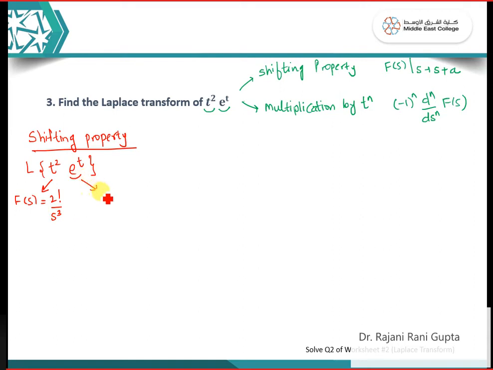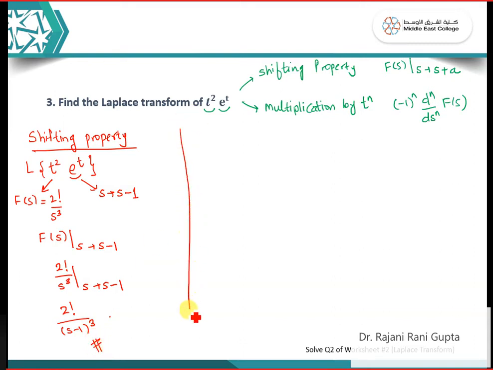This you are using to give you the value of s. S is replaced by, if it is plus, make it minus, the coefficient of t is 1. So you will get the answer as F(s) with s going to s minus 1. So it is 2 factorial over s power 3, with s going to s minus 1, which gives you 2 factorial over (s minus 1) power 3. Okay, so this is one way.